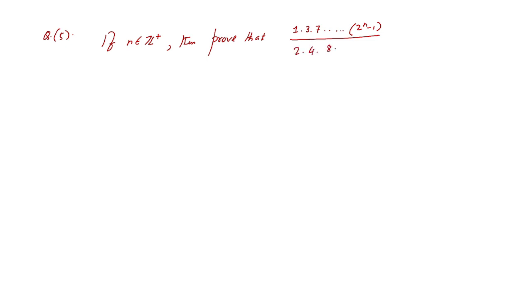The next question, question number 5: if n is a positive integer, that means n belongs to Z plus, then prove that (1 multiplied by 3 multiplied by 7 multiplied by dot dot dot 2 to the power n minus 1) divided by (2 multiplied by 4 multiplied by 8 multiplied by dot dot dot 2 to the power n) is always less than 2 to the power n by (2 to the power n plus 1 minus 1).